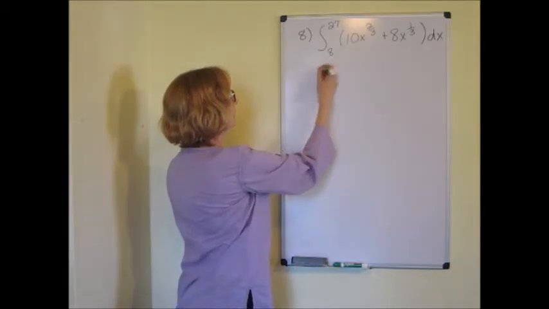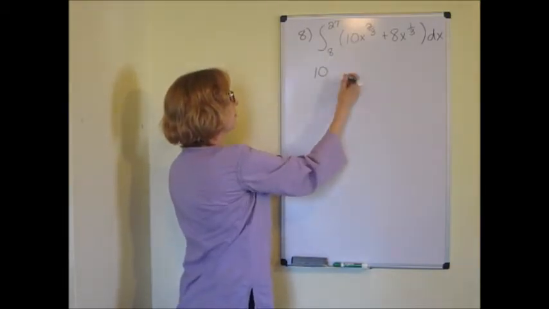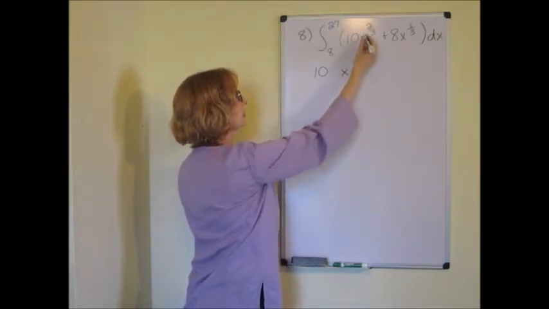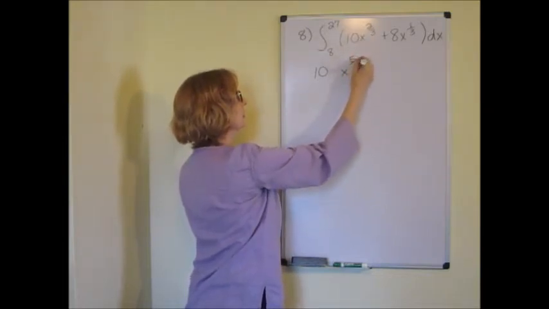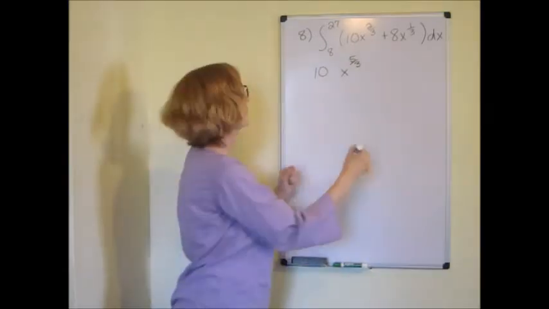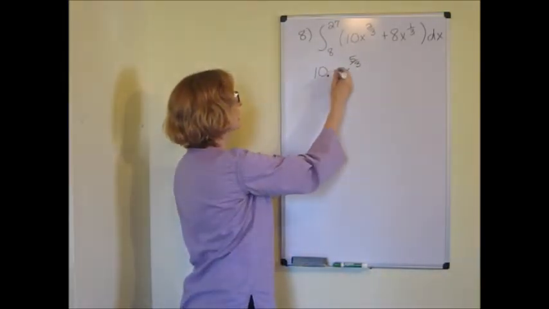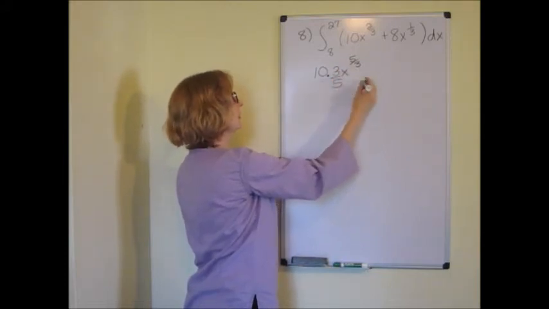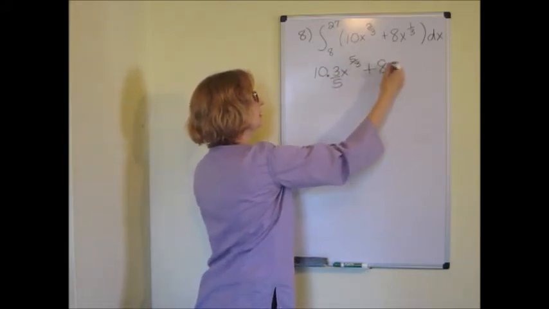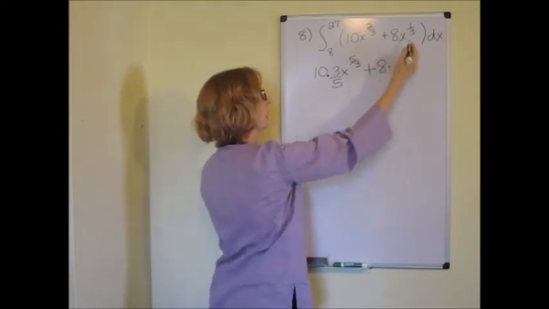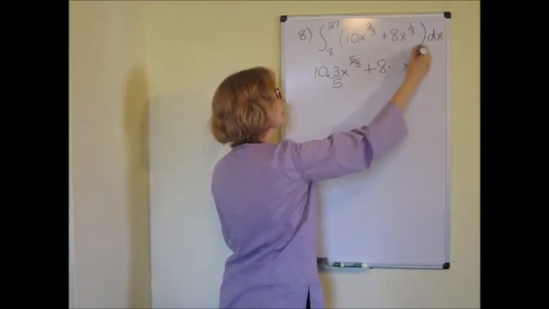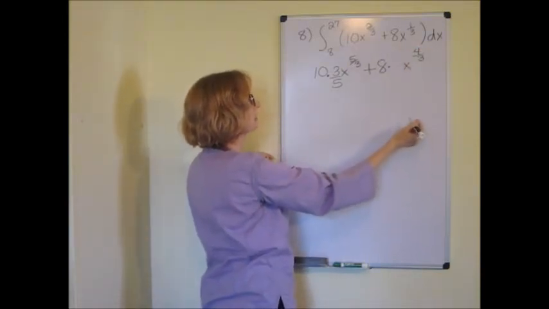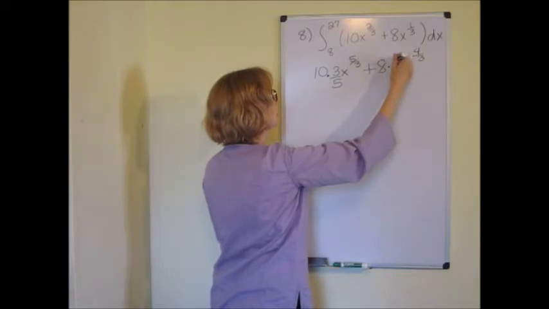So here I'll have 10. Remember, we'll raise the power by 1, so this is going to be x to the 5/3, and then divided by 5/3, which is really multiplying by 3/5, the reciprocal. Then we have 8 times, again, raise this power, that's going to be x to the 4/3, and then multiply by that reciprocal 3/4.